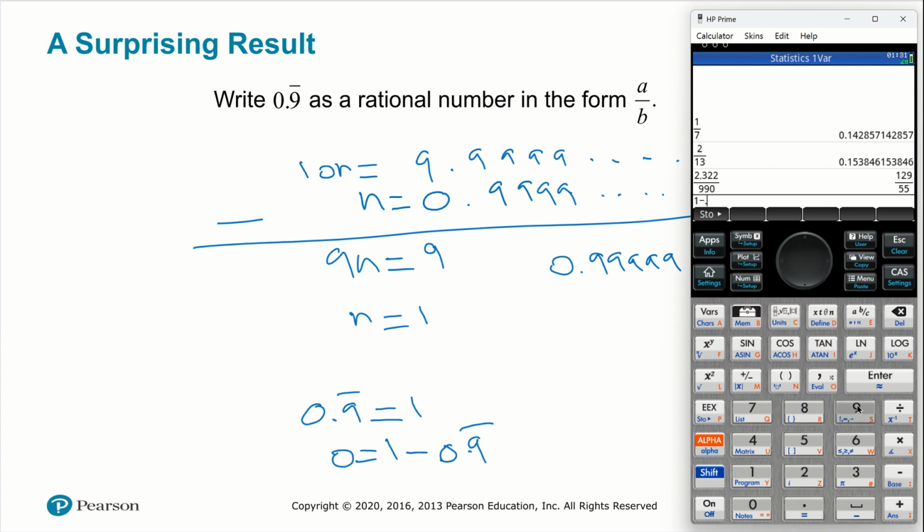Now, I know I can't put infinitely many of them, but I can put a bunch, as many as I can fit on the screen. That's still quite interesting. Even if I put that, it's going to turn that 0.9999 into 1, and it's going to give me 0. So there's another way you can see that the two numbers are the same.